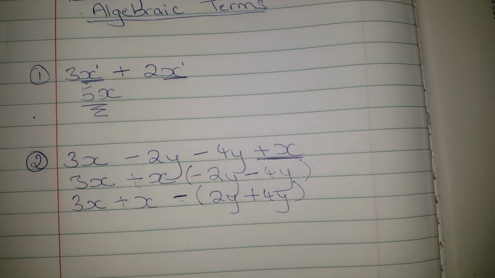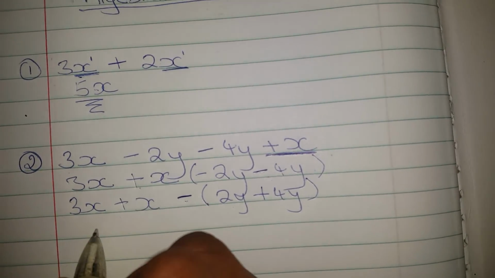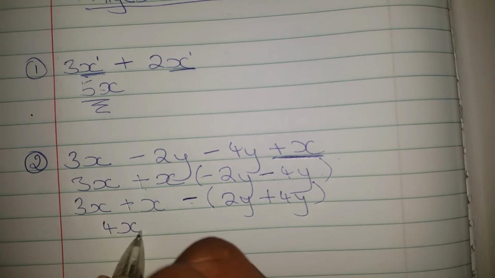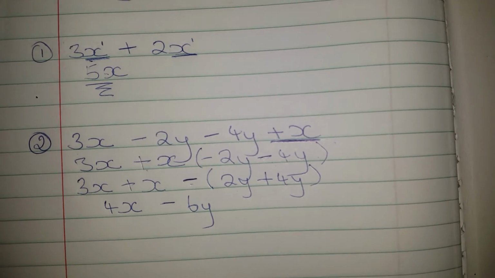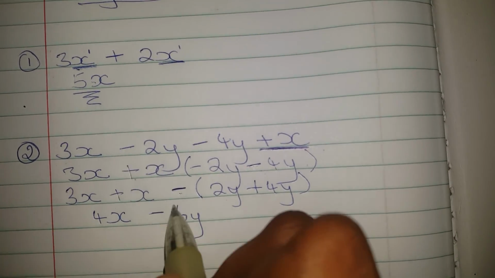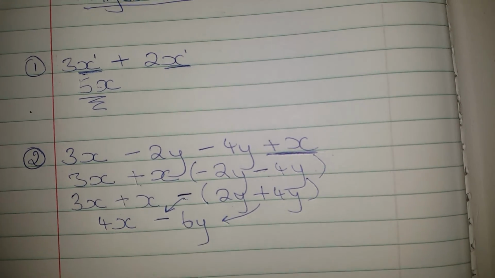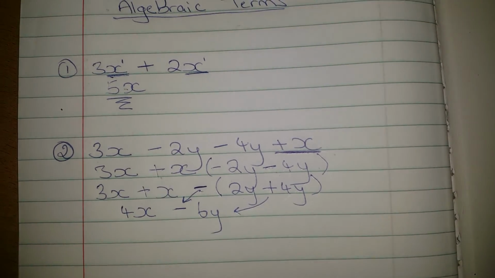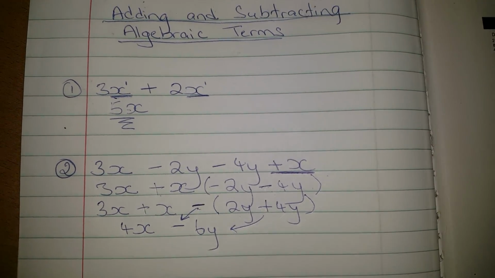So that's the main aim. We group our like terms already, so we just write down what is left. And that is our final answer. So we put down our negative sign again and then just write down the sum that we got here. So our final answer for this question is 4x minus 6y.